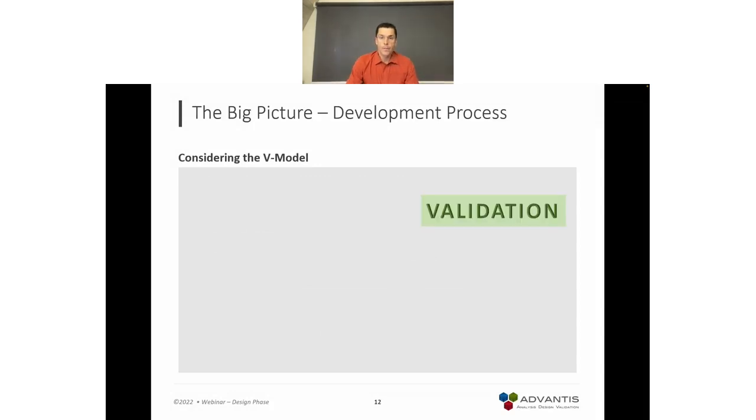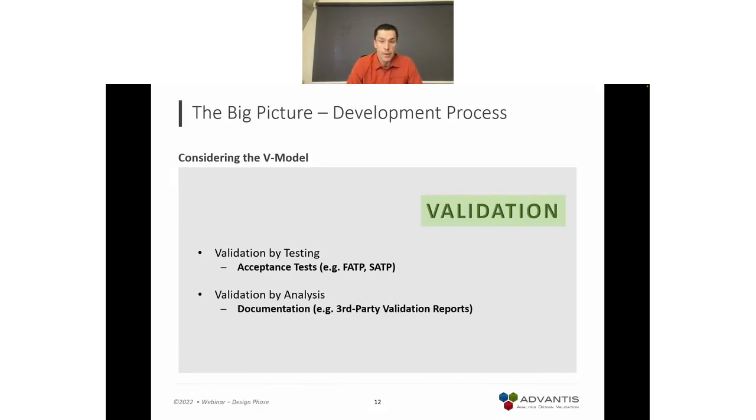The third phase is what we call the validation. In validation, what most people know is validating by testing, which is these acceptance tests that you would do at the end of the project, whether it's a factory acceptance test plan or a site acceptance test plan. But there is more than just testing. There's also validation by analysis.